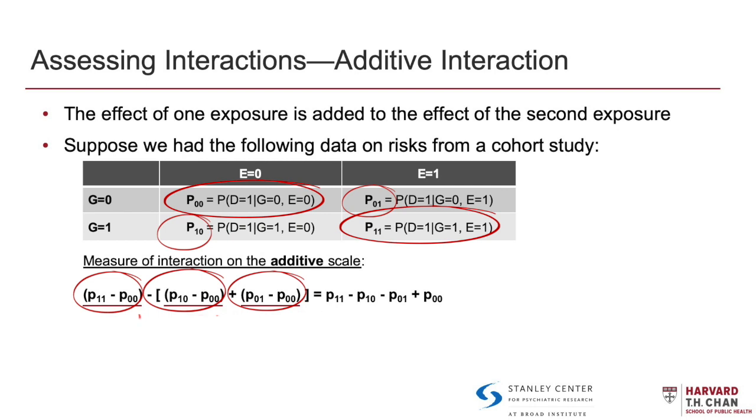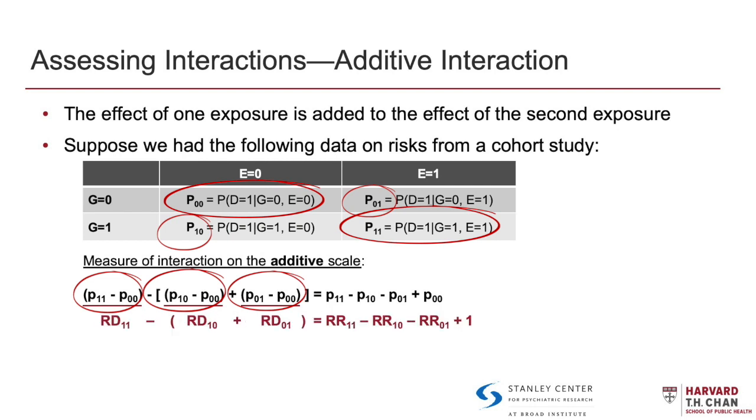Conceptually, the joint effect, where both exposures are present, is bigger than the sum of the individual effects. So we are subtracting the individual effects from the effect of both exposures presenting together.